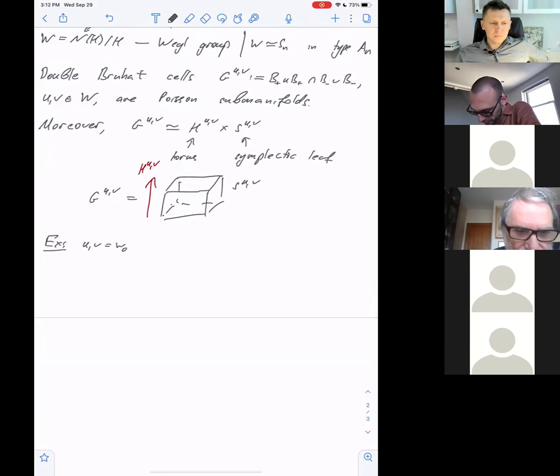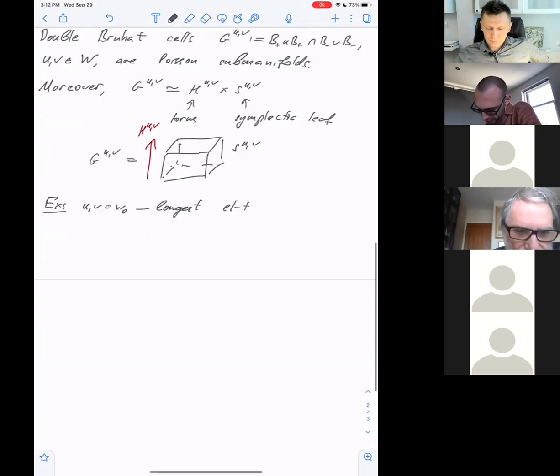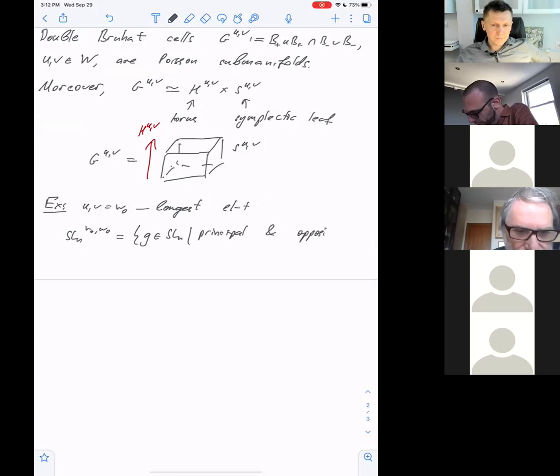If both of them are the longest element, then G^{w_0,w_0} consists of elements of G, let's say SL_n, such that the principal and the opposite principal minors are invertible.